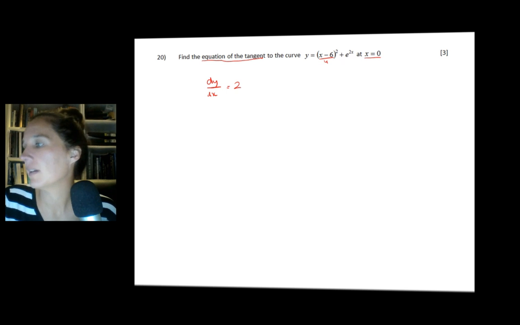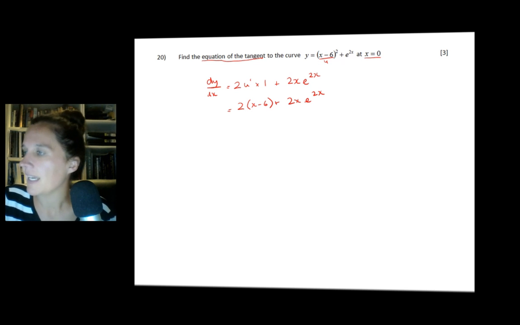We've got 2u to the power of 1 multiplied by our du on dx, which is 1. And then here our e to the power of 2x becomes 2e to the power of 2x. So here we've got 2 times x minus 6, plus 2x e to the power of 2x.